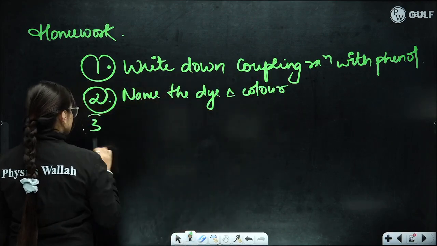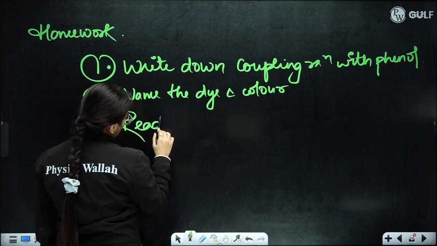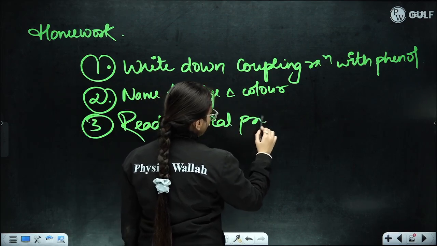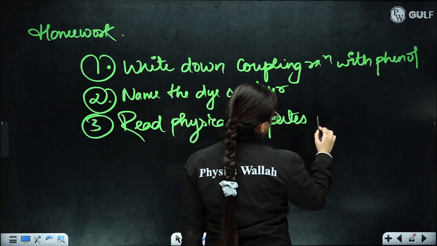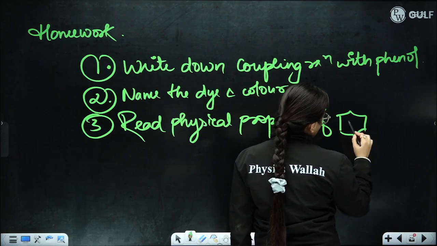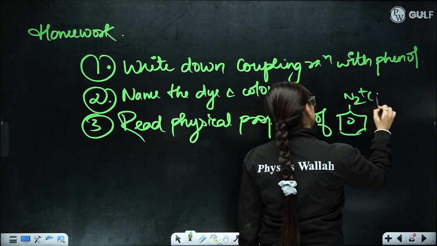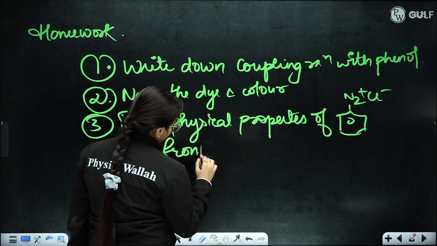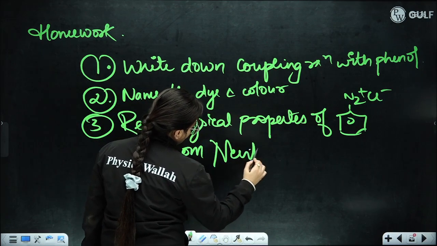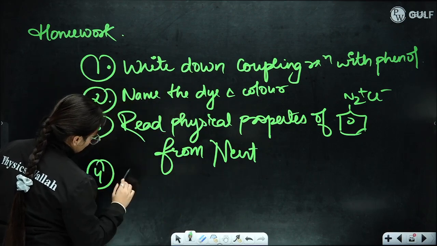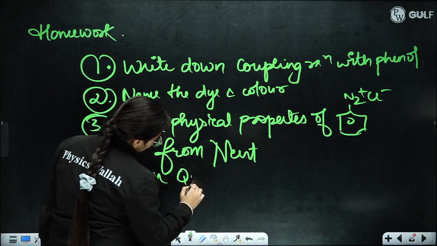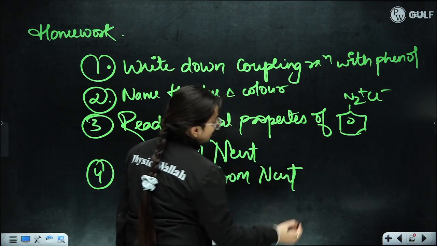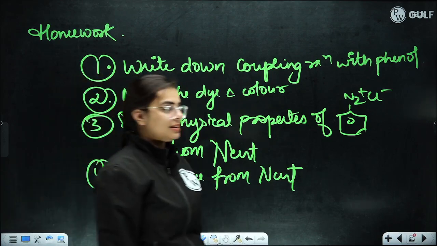Third is to read the physical properties of diazonium salt from NCERT. Fourth is to cover questions from the NCERT. That means do the NCERT back exercise. I hope this is clear.